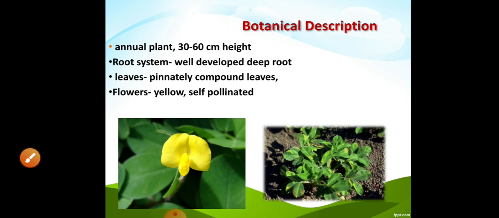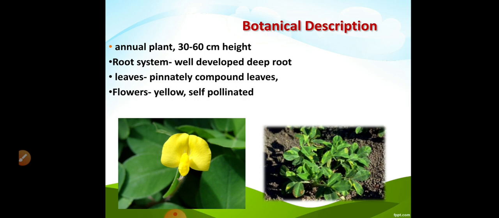Okay. See, botanical description. I already showed you an actual plant sample and all these plant parts in the previous lecture. Though I showed all this in the previous lecture, we can revise it again here.